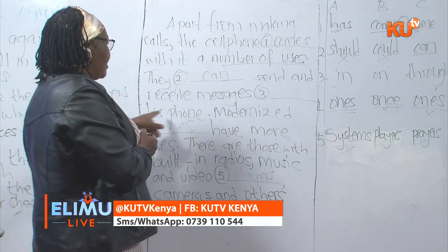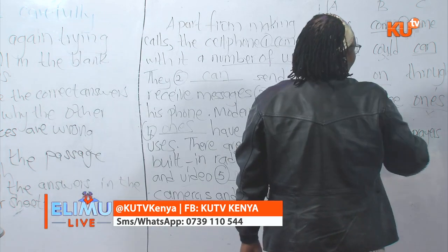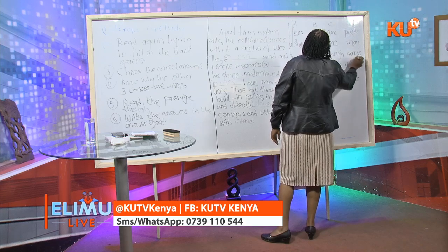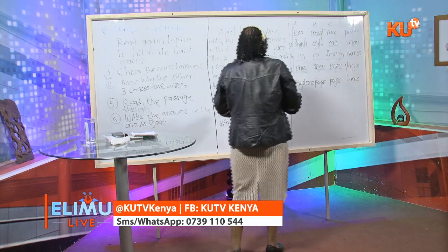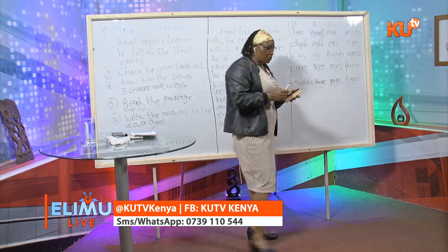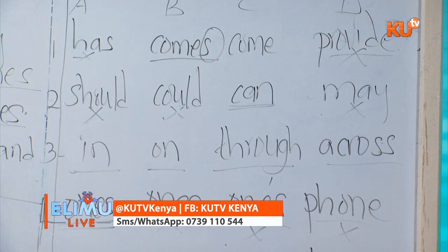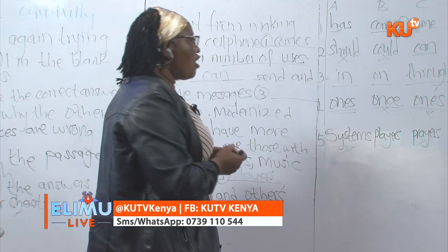They can send and receive messages in, we have on, through, and across. Now, first of all, there are 2 choices which are obviously wrong, and that is what you should always do. Before you select the correct choice, you should first of all check the ones that are obviously wrong.